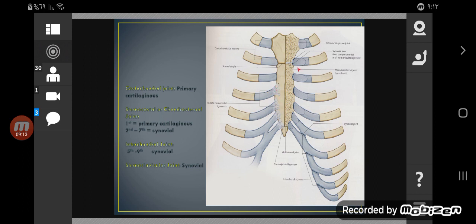The ligament at the chondrosternal joint, the fibrous capsule is like rays.